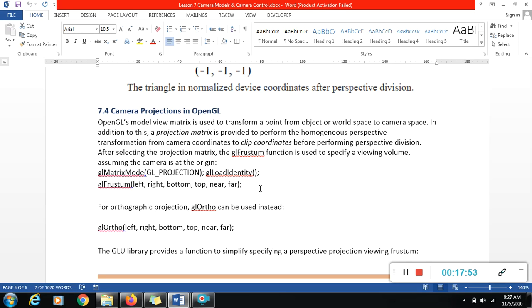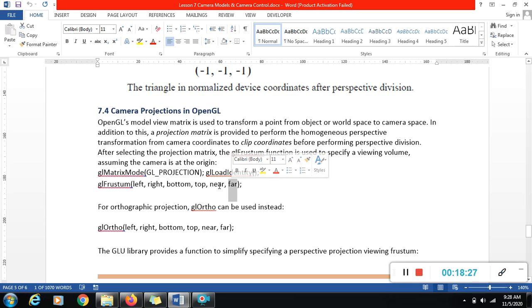So after selecting the projection matrix, the glFrustum function is used to specify a viewing volume, assuming the camera is at the origin. So we start making use of the function glFrustum to specify the viewing volume, and then glMatrixMode to specify the projection model, glLoadIdentity, and of course glFrustum takes the left, right, bottom, top, near, and far parameters.